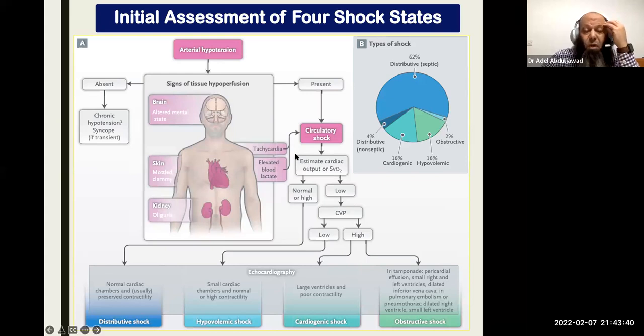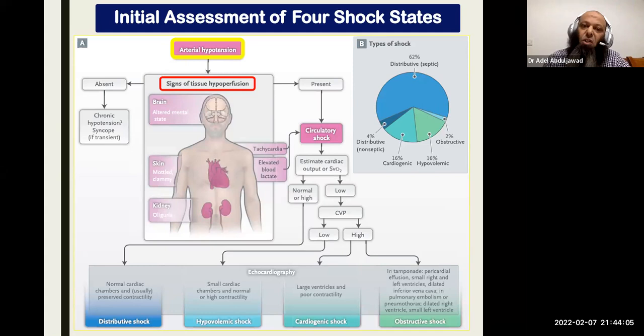So now if you would like to apply a simplified algorithm, keep in mind the common types of shock and their frequency. If the patient has hypotension, the next step is to look for the presence or absence of signs of hypoperfusion.